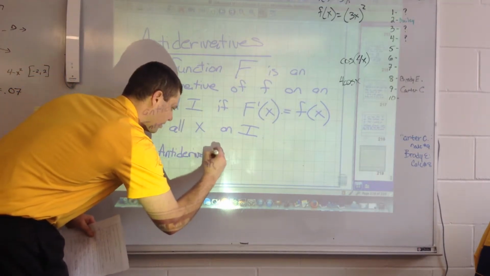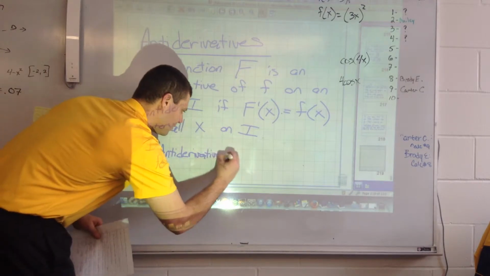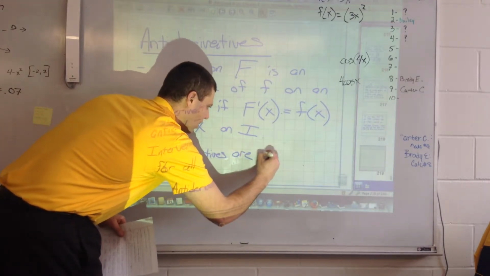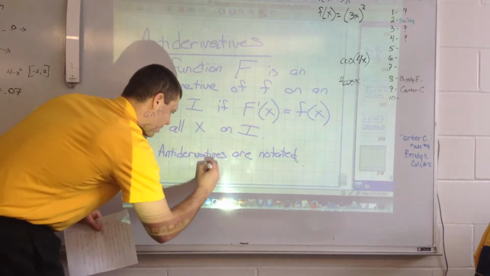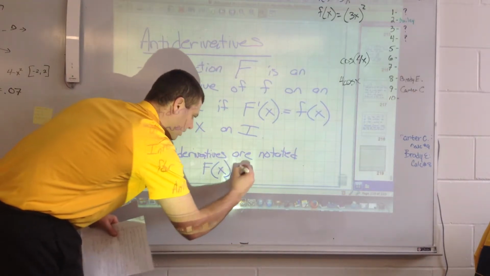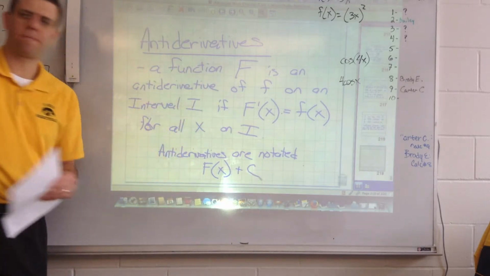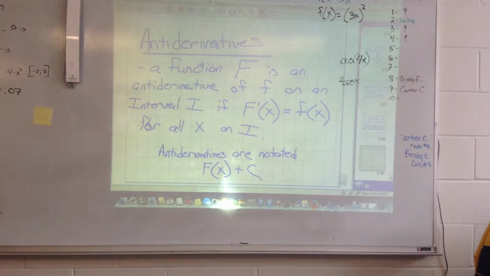Antiderivatives are notated F of x plus c, where c could be any constant.